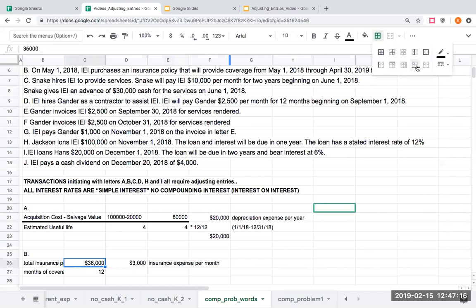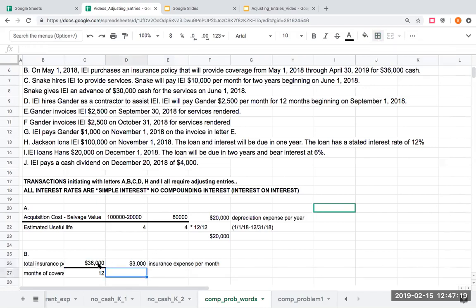And again, this is 12 months of coverage, or May 1st through April 30th. And so the insurance expense I'm going to be recognizing is going to be around $3,000 per month.